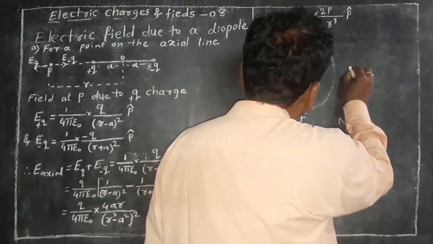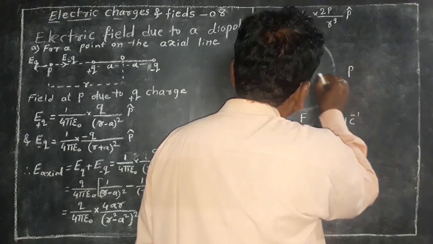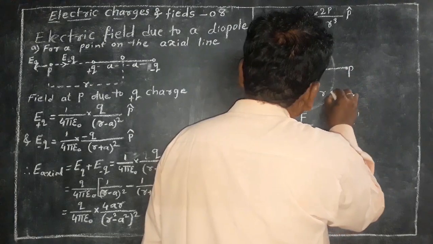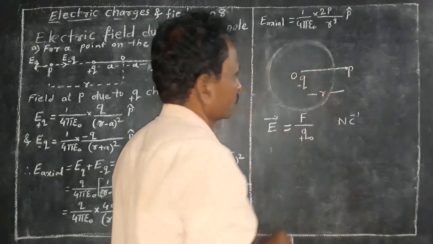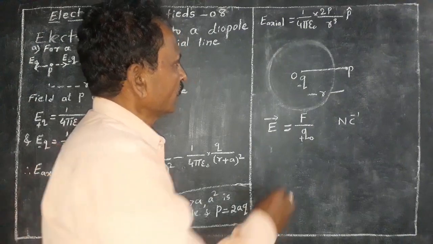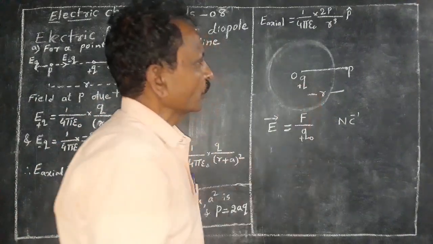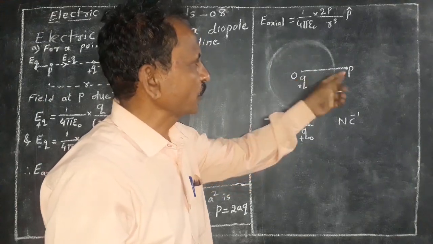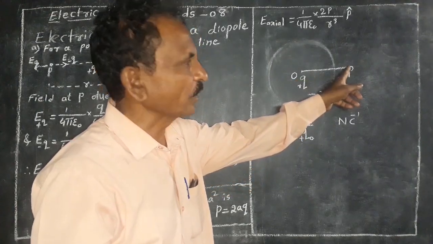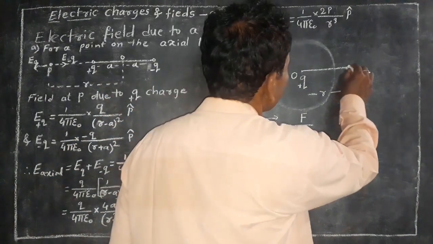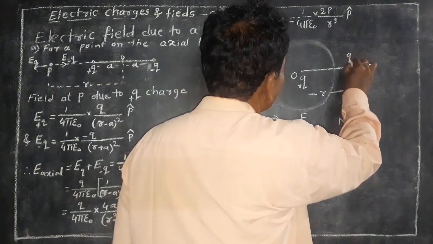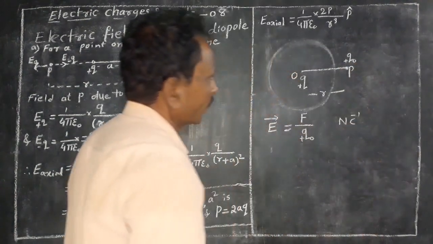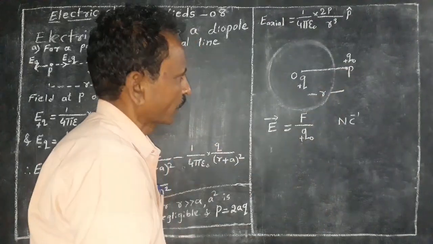Let P be a point at a distance r from Q. Then, according to Coulomb's law, the force experienced by a unit test charge placed at P gives the electric intensity. To calculate the electric intensity at a point in an electric field, a test charge is placed at that point.